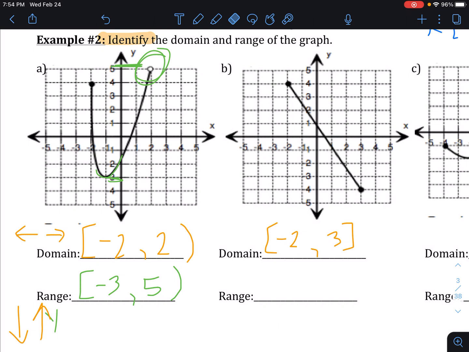Now the range. Remember, the range are the y values, lowest number to highest number. Again, we're focused on the y-axis coordinates. So here it goes down to -4, and it goes up to 4.